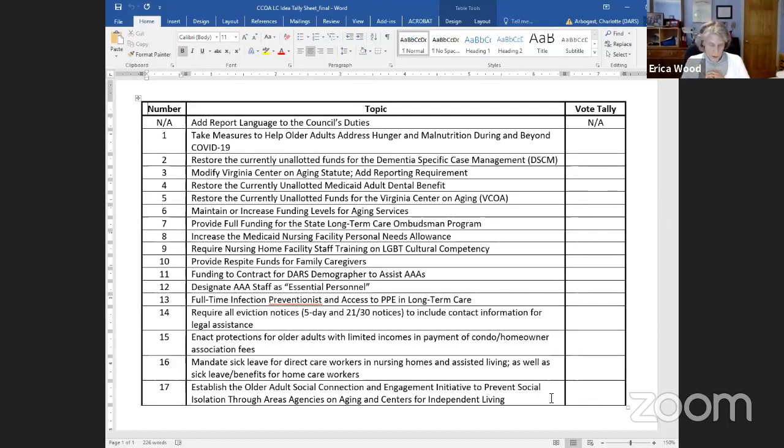add report language to the council's duty. So let me explain a little bit what this is about. We have discussed this before, but for David's benefit and to refresh our memory of it: every year the council produces, as you've seen, the annual report with the policy platform.